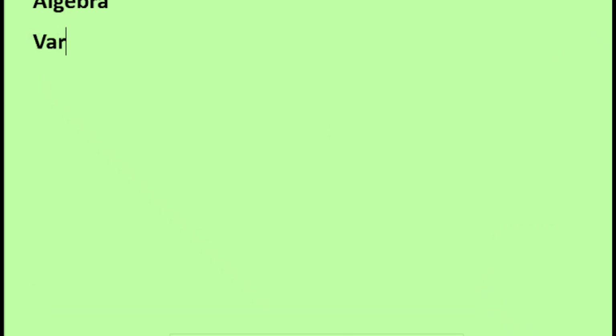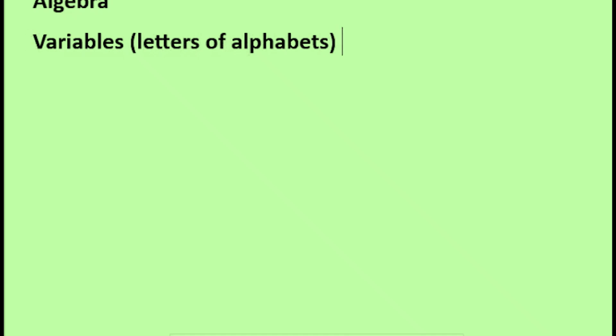So variables, what are variables? Variables are alphabets, A, B, C, D, letters of the alphabet whose value may change, whose values are not fixed.